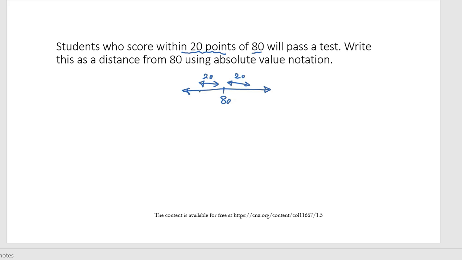Scores within this interval are passed, so that's actually between 60 and 100. So let's say score of student is S. S can be anywhere between 60 to 100. So absolute value of S minus 80 is less than or equal to 20.